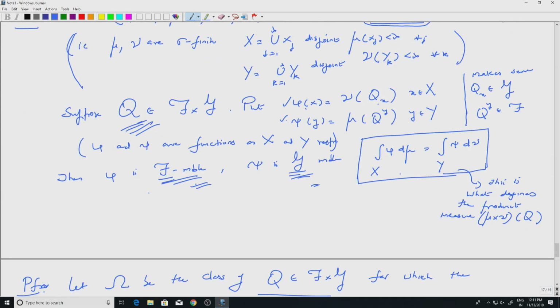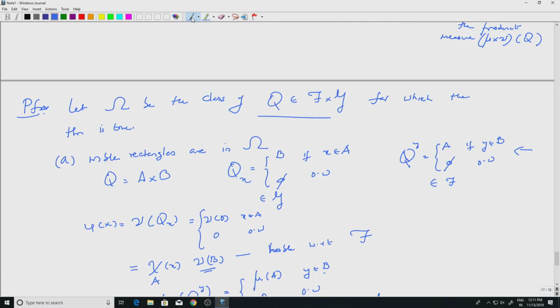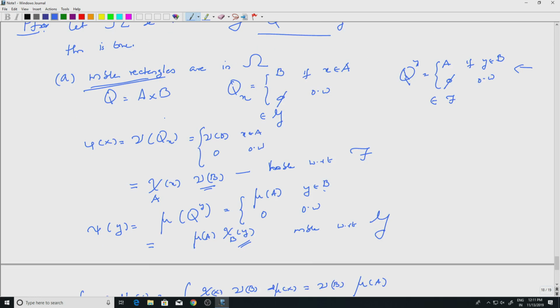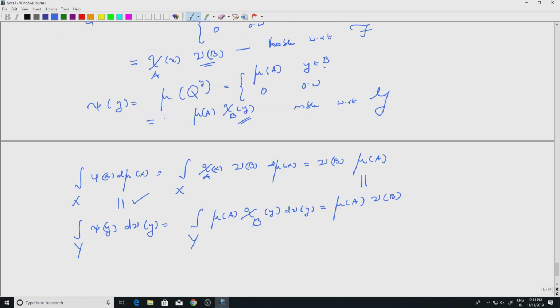So we needed to prove this assertion and these two assertions. So both are the same when the set Q is a measurable rectangle. So whenever you have measurable rectangles, you have the theorem to be true. Now look at these expressions, this is what you want.